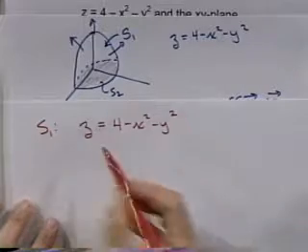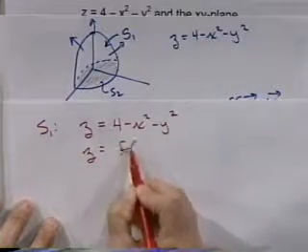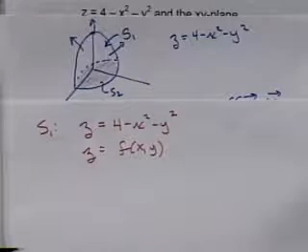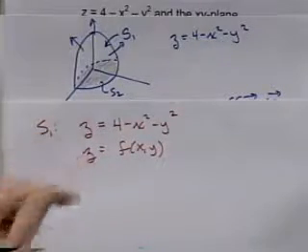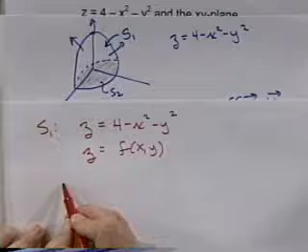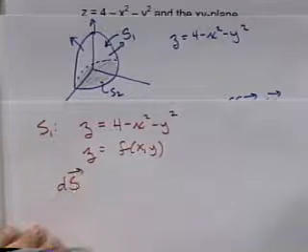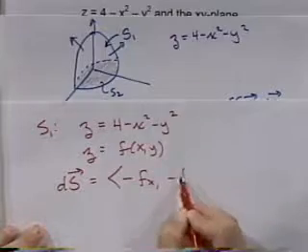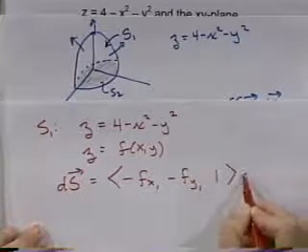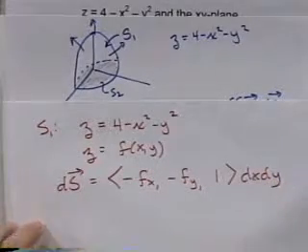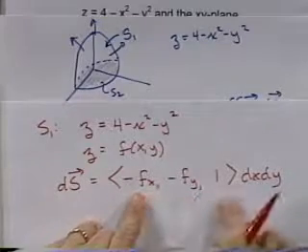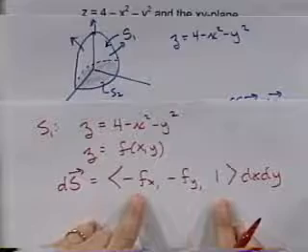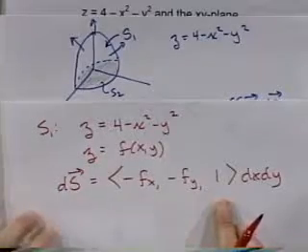As I recall, if somebody's so kind as to give you your surface by the equation z equals something in terms of x and y, then we learned before that your ds is quite easy. It's minus fx, minus fy, 1, dx dy. Now, when I do these, I'm going to check to see if my unit normal is pointing in the direction that I want.